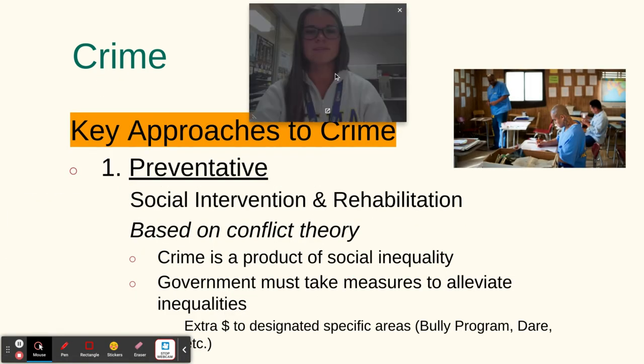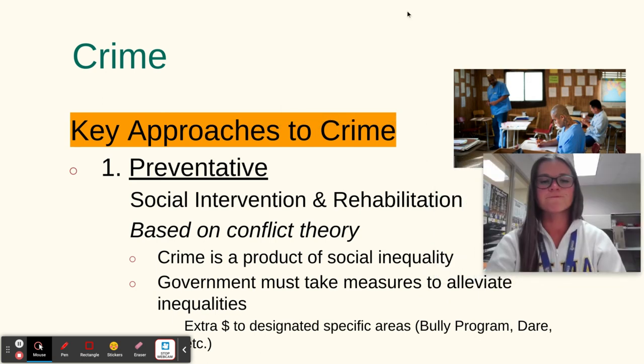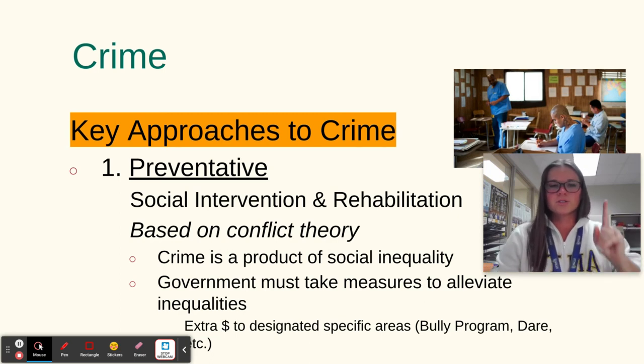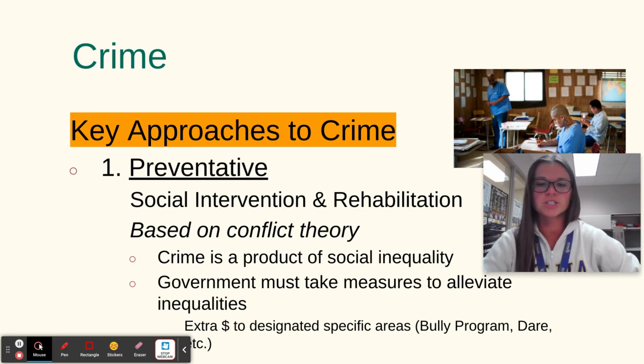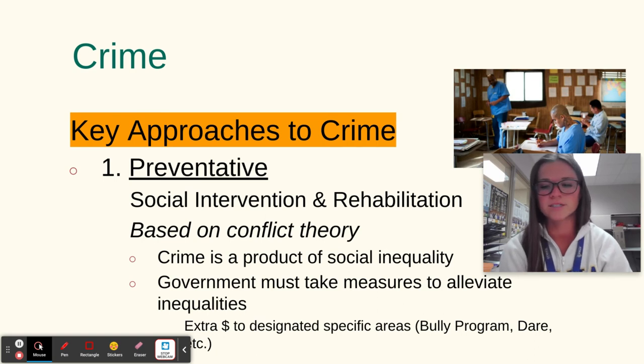Now we're going to look at the key approaches to crime. Okay, the first key approach is preventative. This includes social intervention and rehabilitation. This is based on the conflict theory. Crime is a product of social inequality.